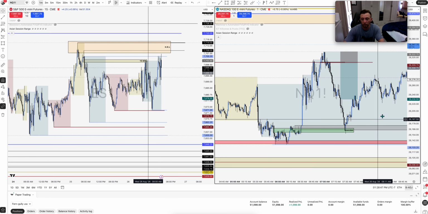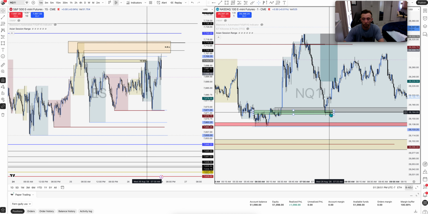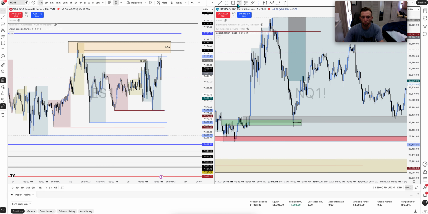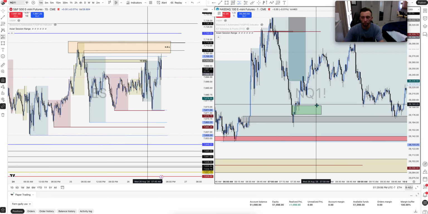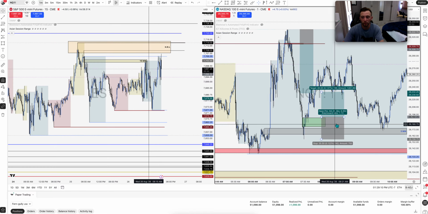But yeah, coming back down, we have a nice 15-minute break right here. It didn't even close. It just tapped, swept out liquidity, and came back up. So with that 1 minute inversion, you could have got, right here, 1 minute, again, inversion with a long, stops at the low, 35 points, not bad.